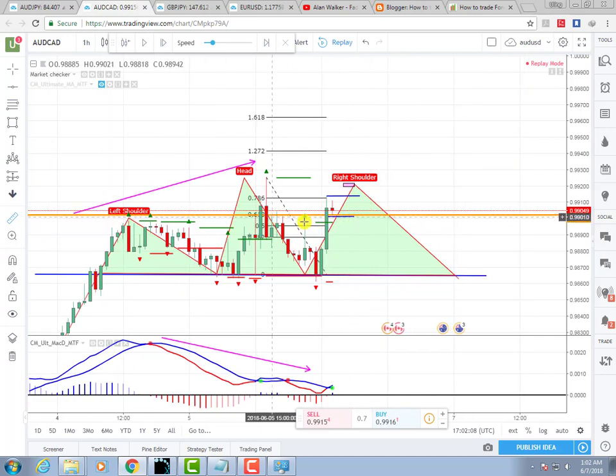After that, para mailagay mo na yung specific entry point mo, kailangan maghintay tayo ng tinatawag natin na rejection. Which is, ang rejection nito makikita after this candle. Yan. Then, on the third candle, pag lumabas na yung rejection, that's the time tayo maglalagay ng entry point.